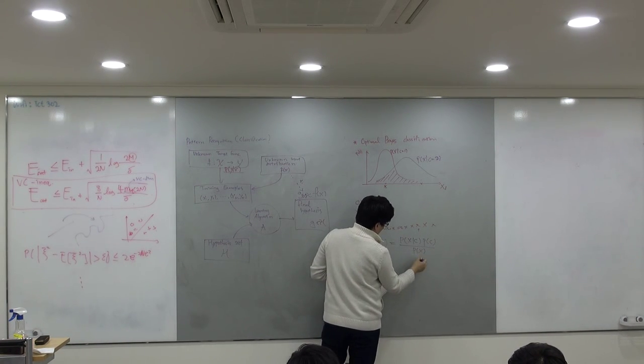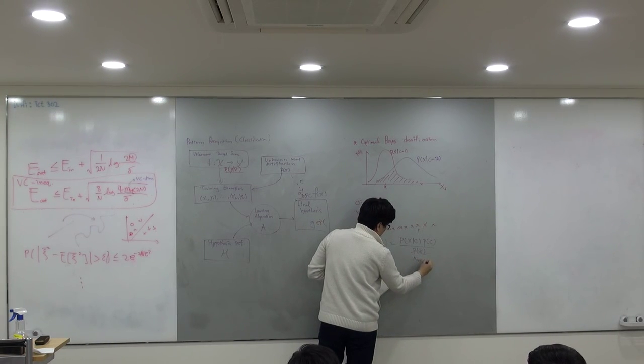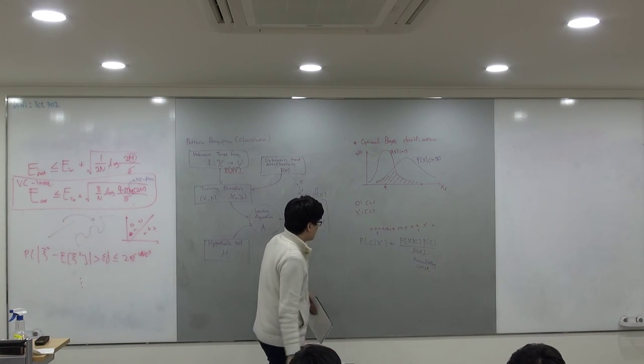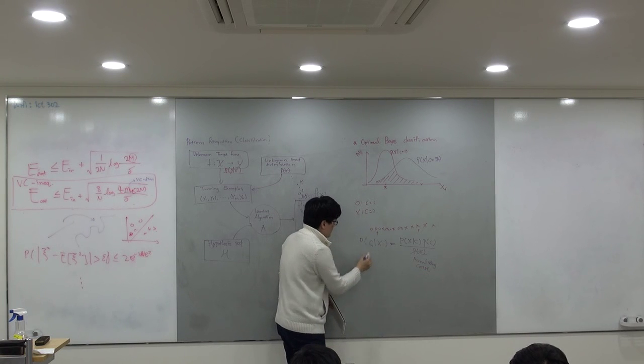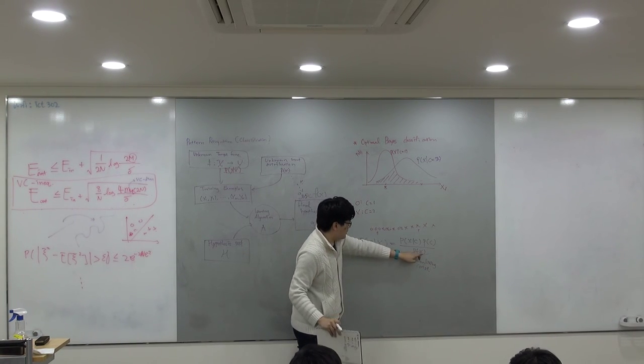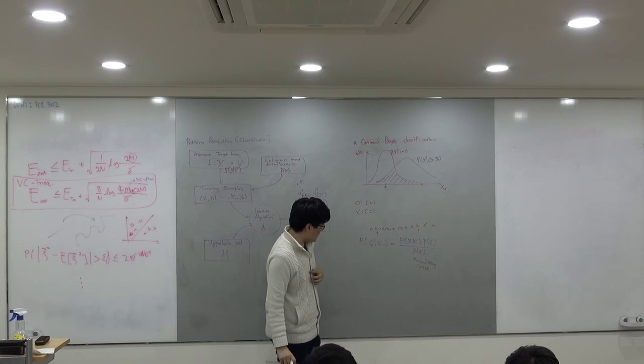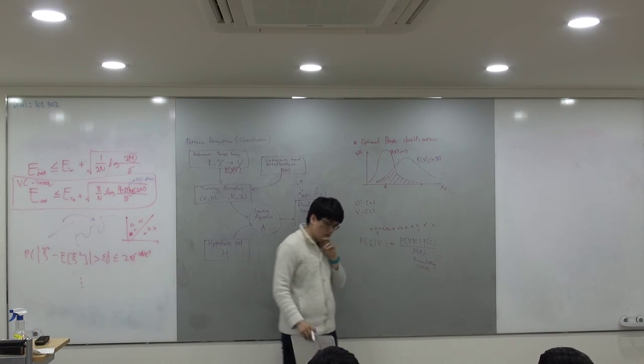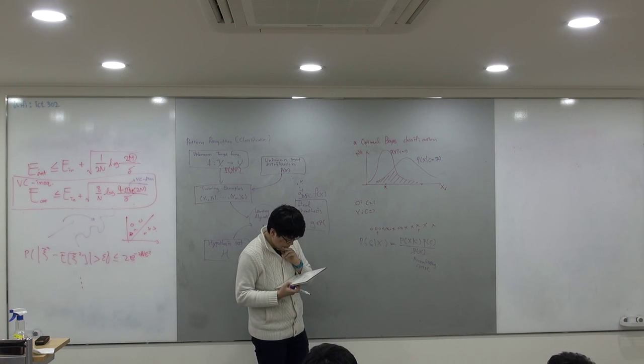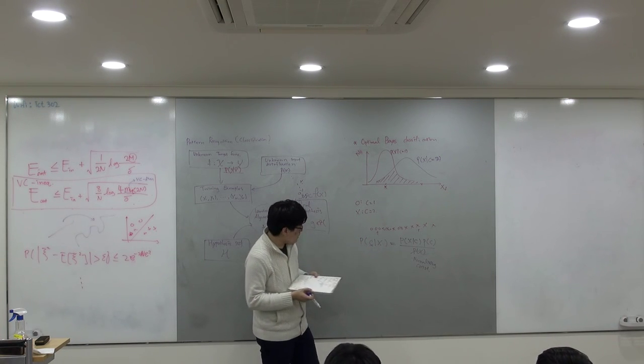And this is not relevant, it's just a normalizing constant, because we are only considering C, and here you don't have C, so you can just consider this one as a normalizing constant.